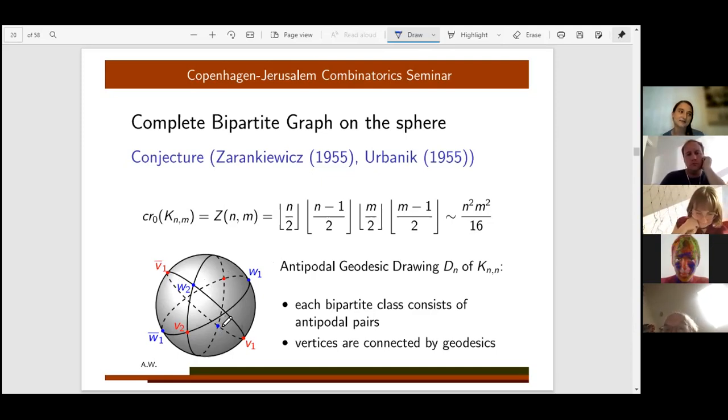So for K44, as it's drawn here, it doesn't really make a difference. But we found that in general, for bigger complete bipartite graphs, we actually get a lot of different drawings. So using the sphere, we can describe a whole range of drawings which achieve the Zarankiewicz bound, whereas in the plane, there's just one very standard one.